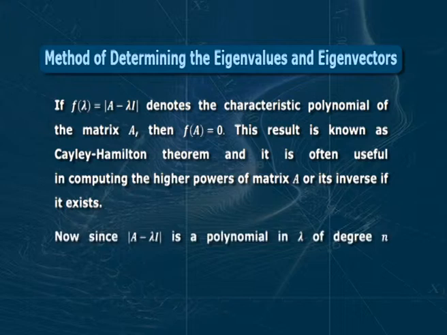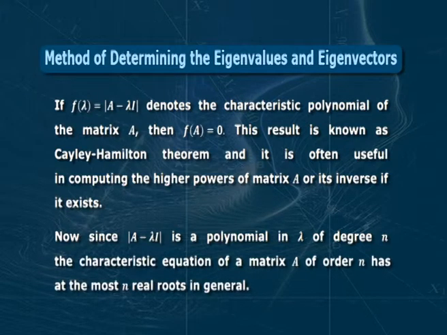Now, since mod A minus lambda I is a polynomial in lambda of degree n, the characteristic equation of a matrix A of order n has at the most n real roots in general. Note that it is very much possible that a polynomial of an even degree has no real roots, and so a square matrix of an even order may not have any real eigenvalues.